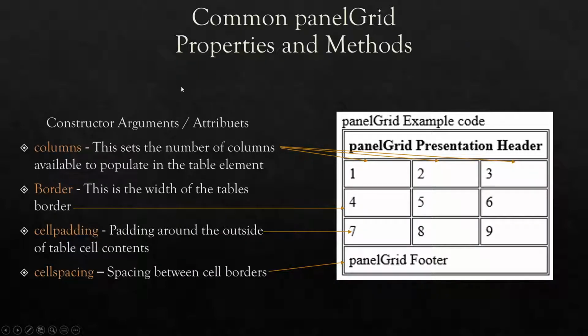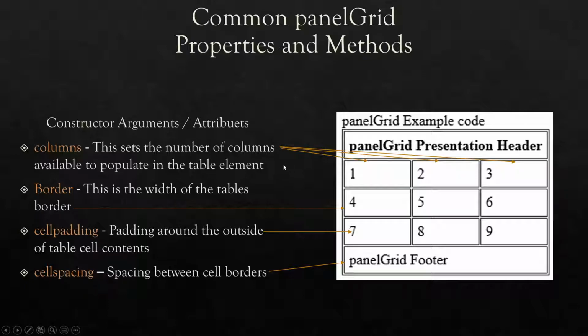Here's some of these arguments and attributes, and I've pointed over to where they appear visually in the PanelGrid representation. So here we see the columns, which is obvious. In this case, it's set to 3 columns. As you add elements to the PanelGrid, they fill up left to right.